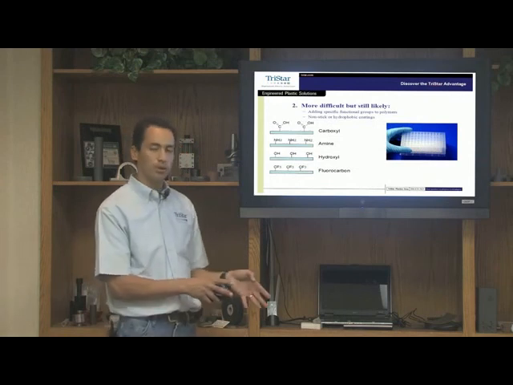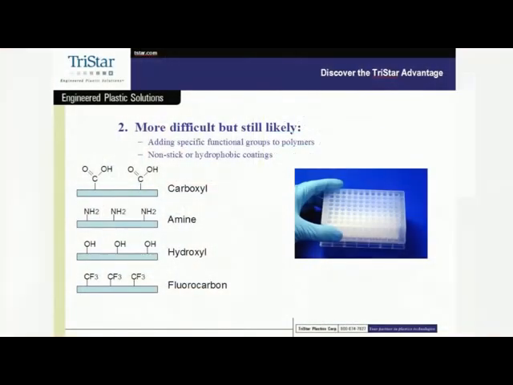Applications that are difficult but likely to work are functional treatments. This is where TriStar is heading, where it becomes a very elegant treatment for our medical companies, where we can specifically deposit carboxyl, amine, or hydroxyl on the surface of polymers like olefin, polyethylene, or polypropylene. This is important because the companies would like to derivatize those surfaces.